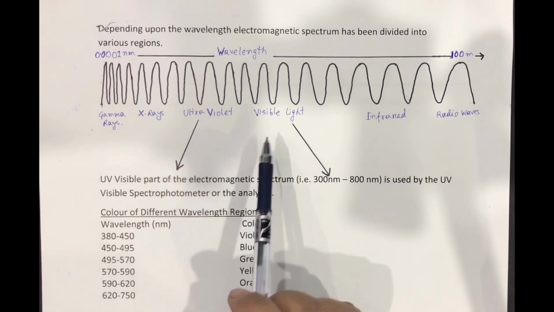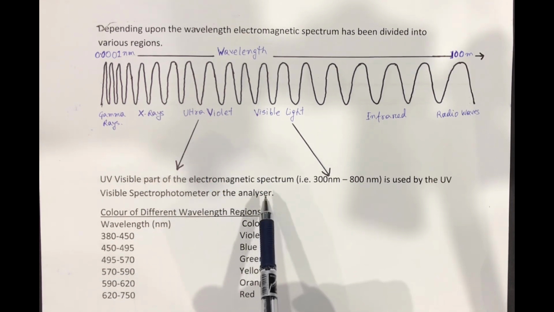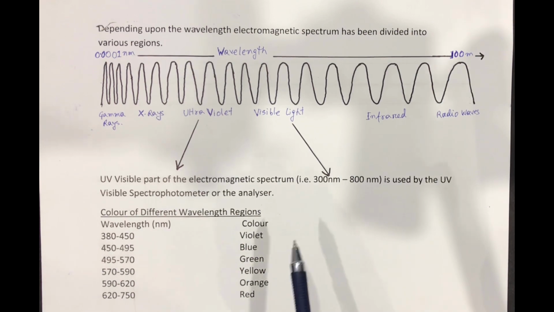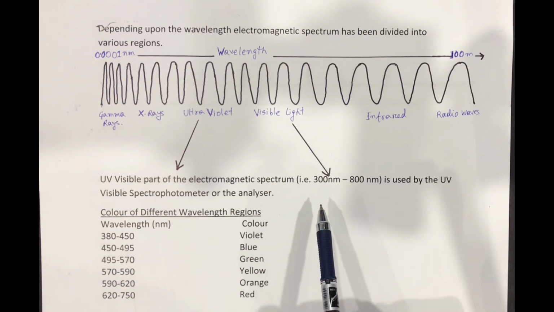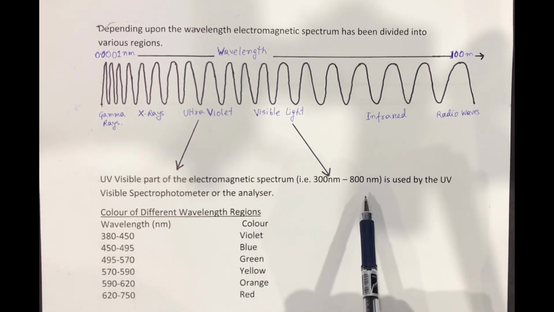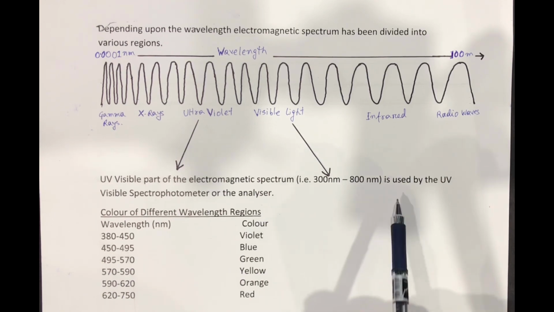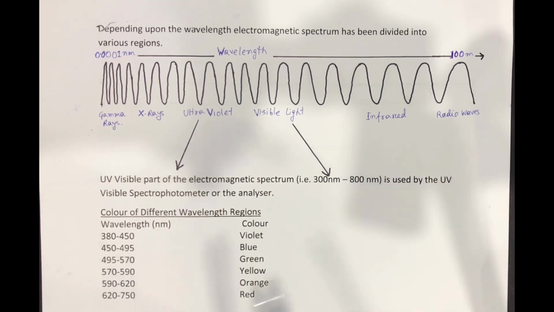The ultraviolet and visible part of the electromagnetic spectrum, which covers 300 nanometer to 800 nanometer, is used by the UV visible spectrophotometer or the analyzer.